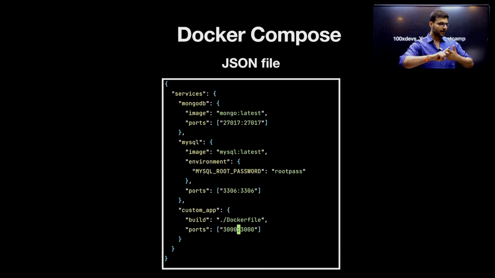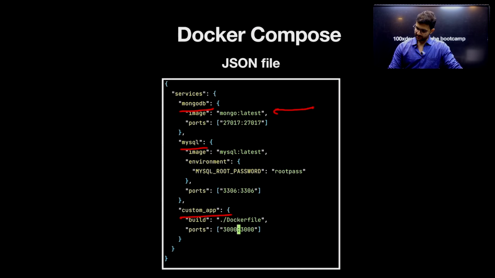Let's say you need a Mongo service, a MySQL service, and your main application service. You can write code that looks something like this. You can say, okay, services is an object. Inside the object, I have 3 keys, a MongoDB key, a MySQL key, and a custom app key, which is my custom app or my backend application.